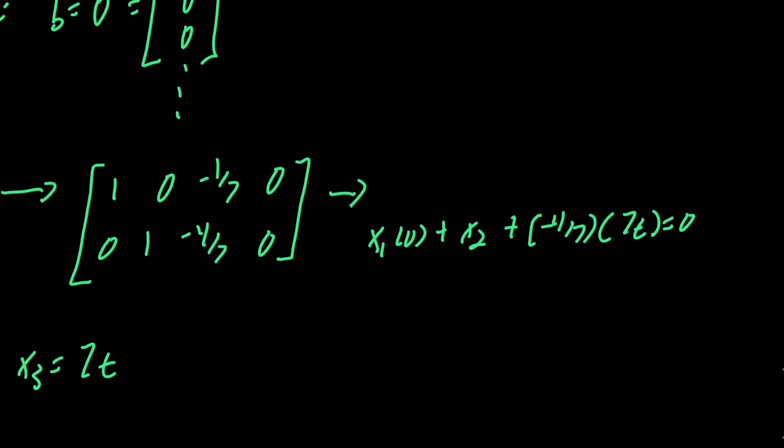The 7's cancel out, and as a result, you get x2 plus negative 4t equals 0. And if we solve for x2, we get 4t.